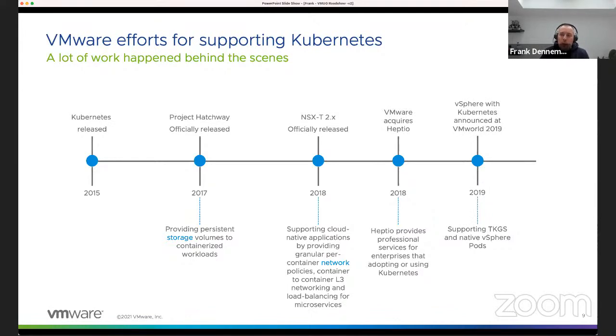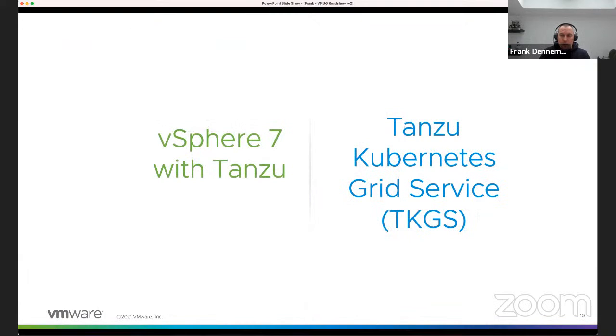And in 2019, we announced at VMworld vSphere with Kubernetes, which now is called vSphere with Tanzu, but Cormac in his session will go into the finer details of this. So that allowed us to create this environment that provided different ways of delivering containerized applications.